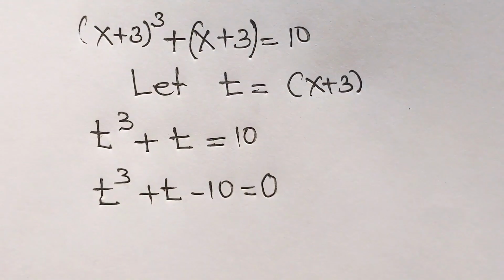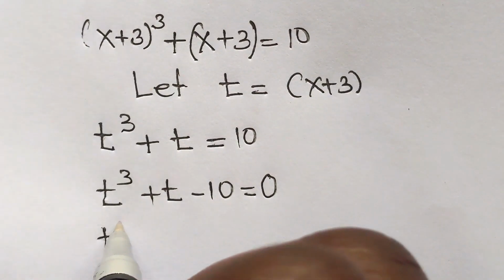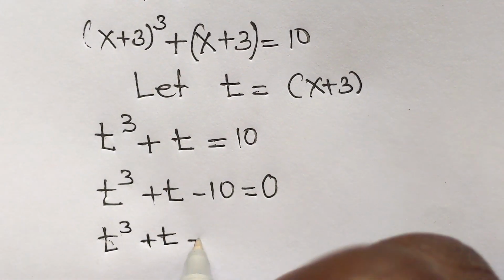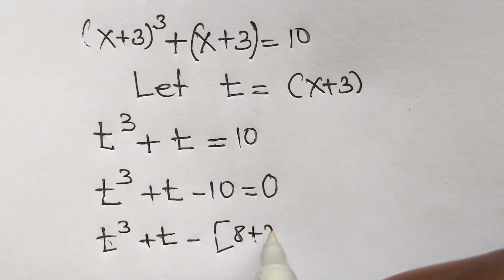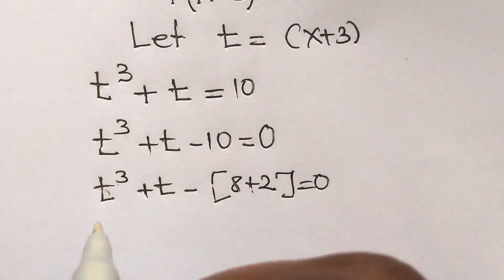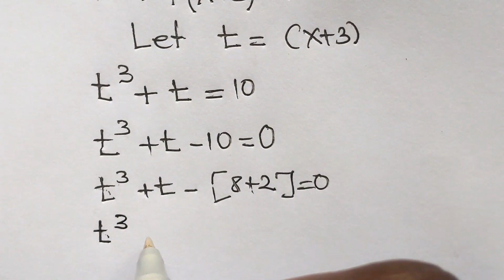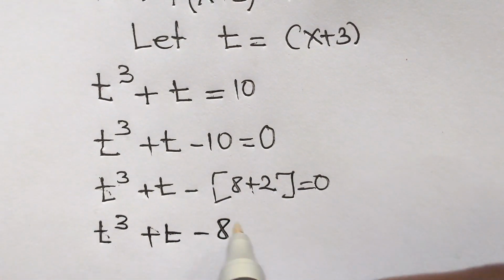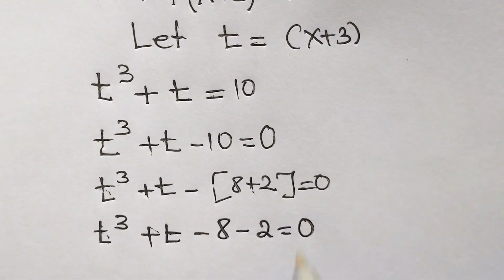And of course here we shall write this as t to the power 3 plus t minus 8 minus 2 equals 0.